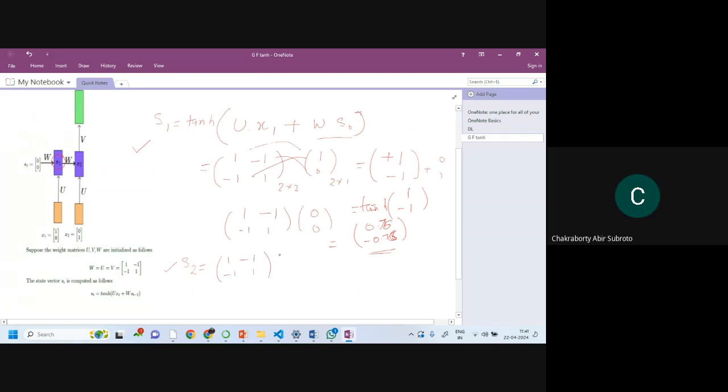Lalit sir, wouldn't it be minus 1 plus 1? 1 into 1, minus 1 into 0. So first we get plus 1 and minus 1 into minus 1 and 1 into 0.